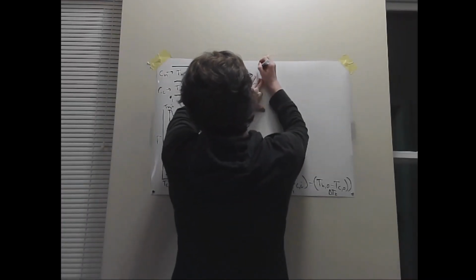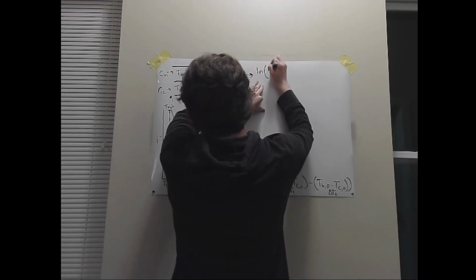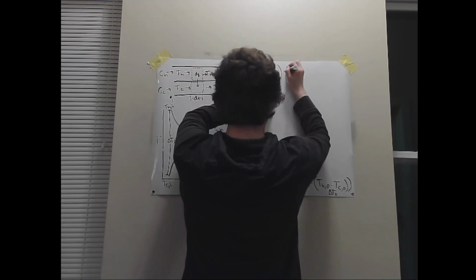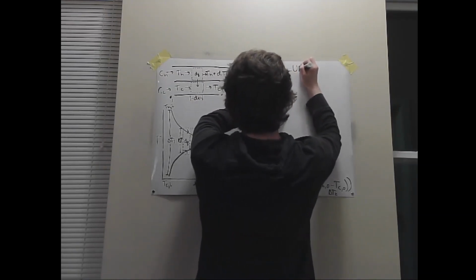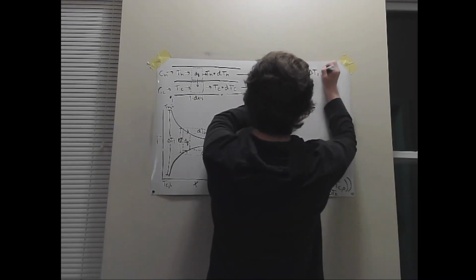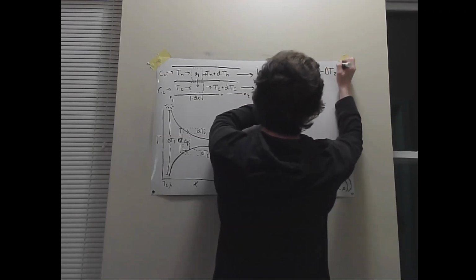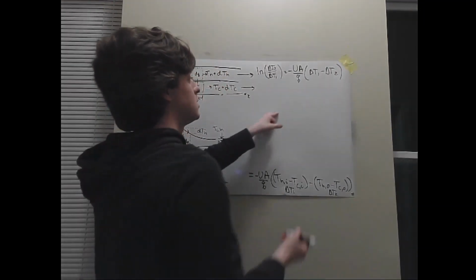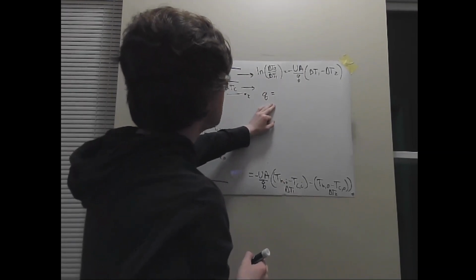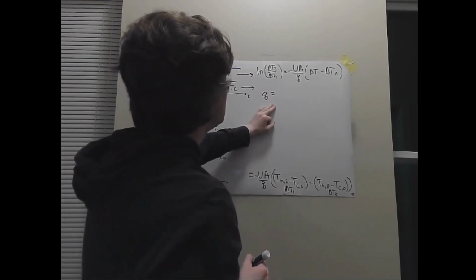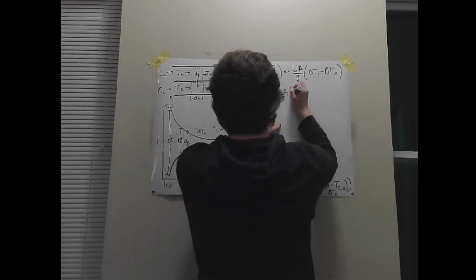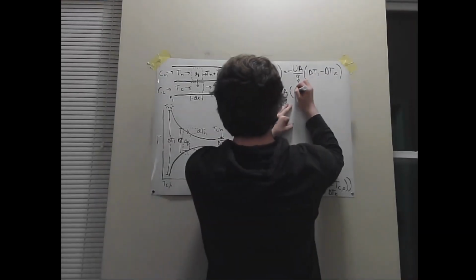So the equation then looks like this once we plug those values in. And now what's left is just to solve for Q. What that looks like is U times A. I'm going to get rid of the negative sign and flip these.